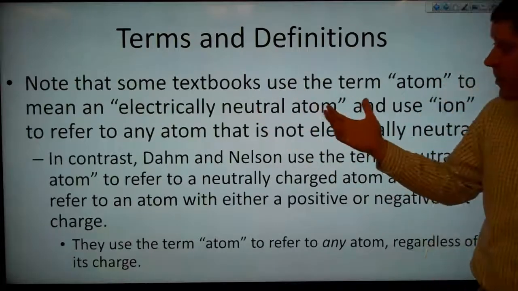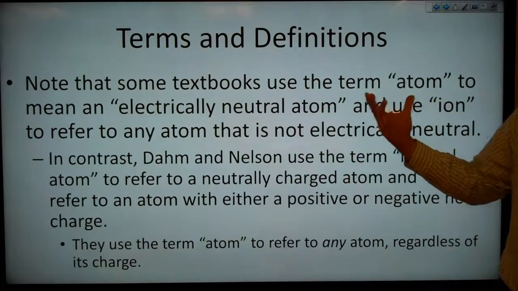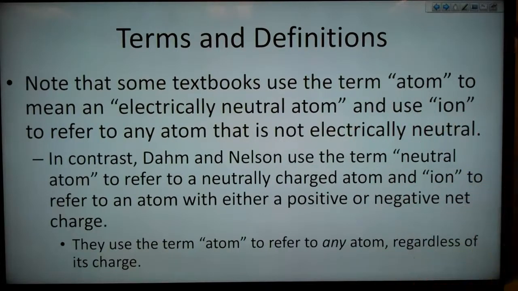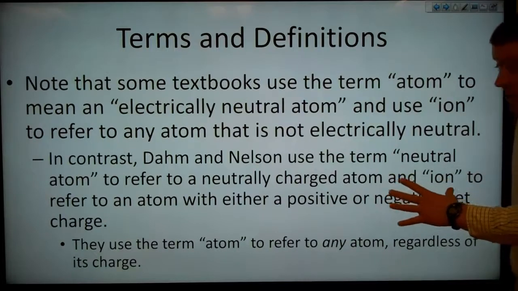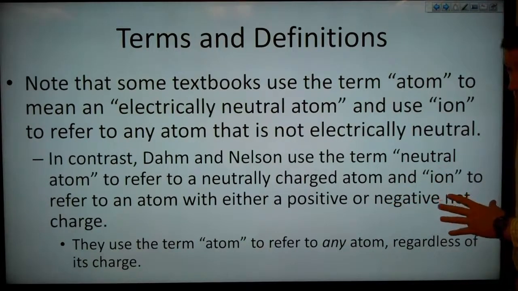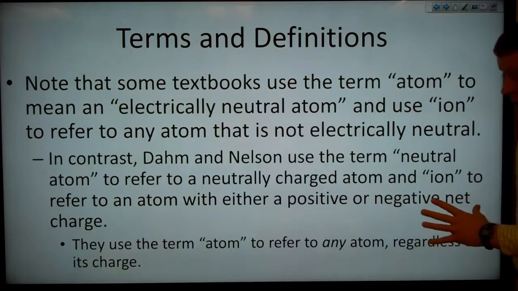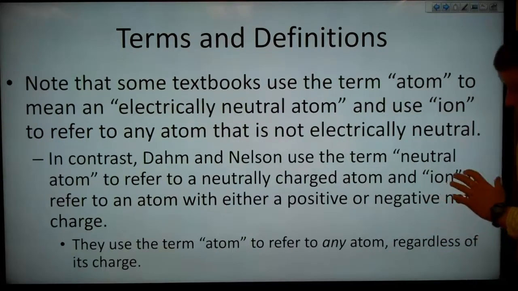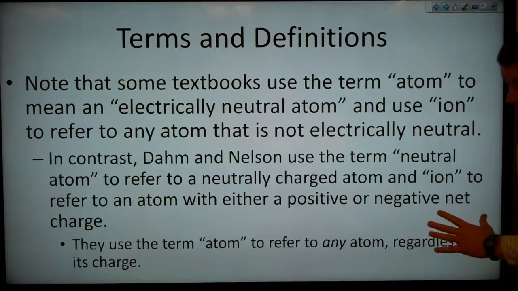Note here that some textbooks use the term atom to mean electrically neutral atom, and use ion to refer to any atom that is not electrically neutral. In contrast, textbook authors Dahm and Nelson use the term neutral atom to refer to a neutrally charged atom, and they use the term ion to refer to an atom with either a positive or negative net charge.